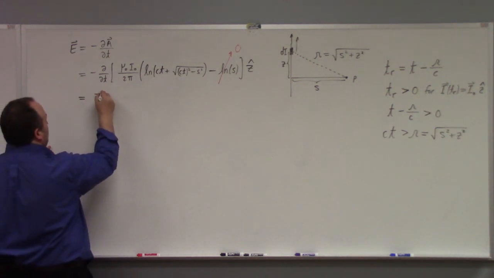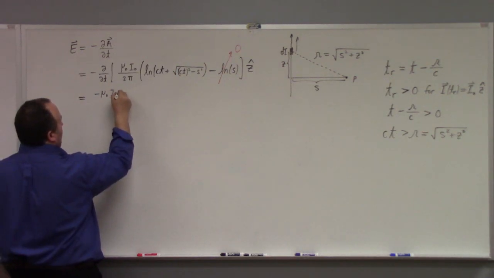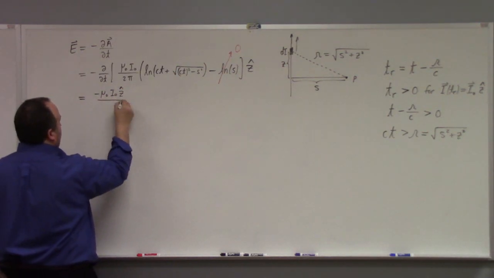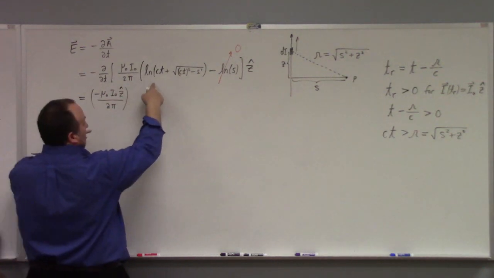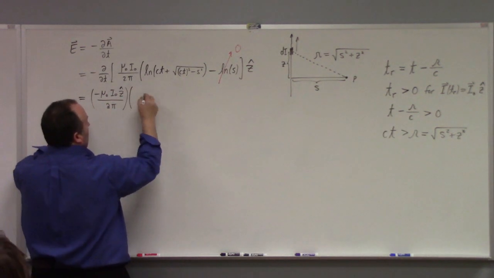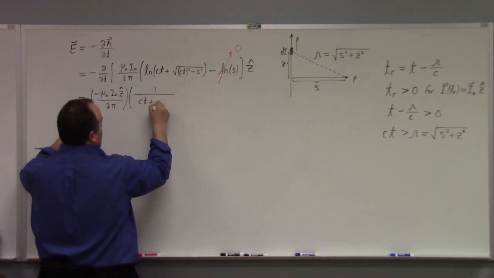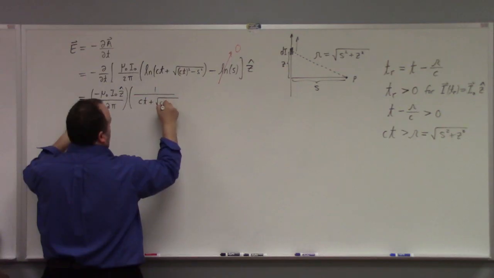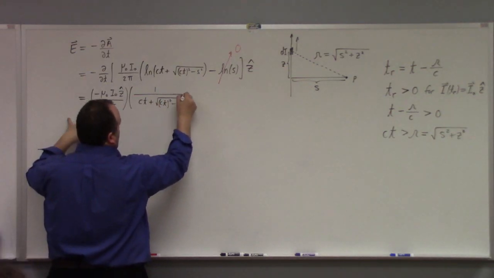So we've got minus mu naught I naught. I'll put the z hat out front, why not, over 2 pi. All right. Differentiating this gives me 1 over CT plus the square root of CT quantity squared minus S squared, right?